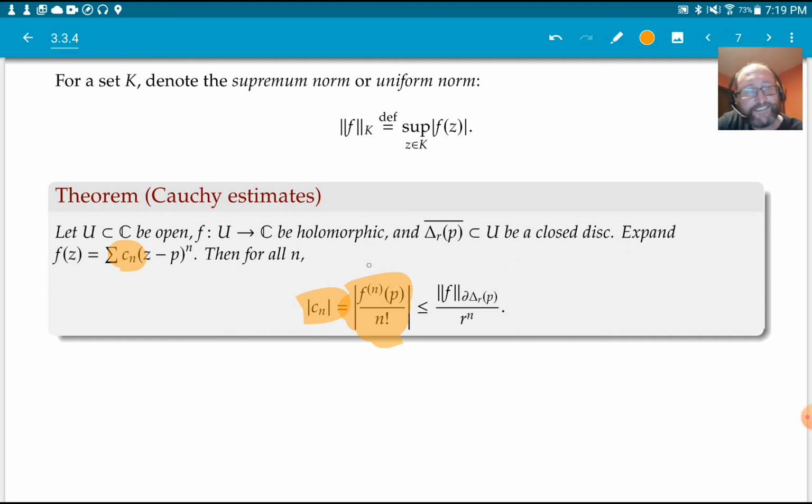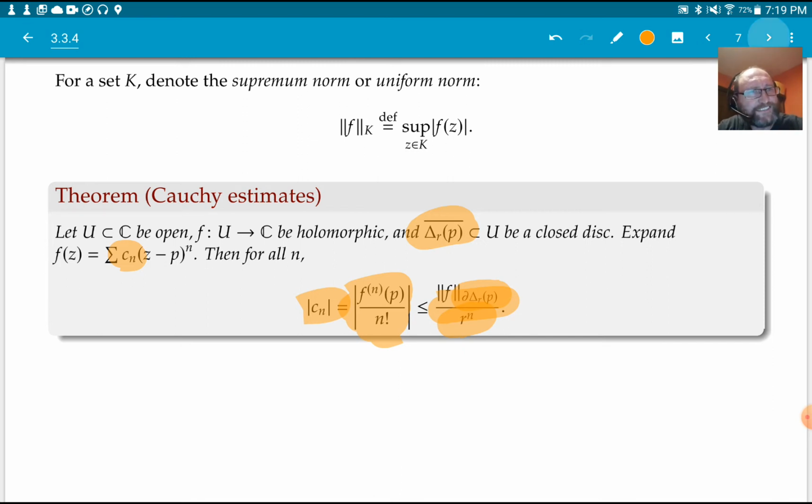That this number, whatever the coefficient is, so either you're looking at the derivatives at a point or you're looking at the coefficients of the power series, it's bounded by the maximum of the modulus of f over the circle of radius r, the boundary of this disk, divided by r to the n. So you need r to the n over there, right?